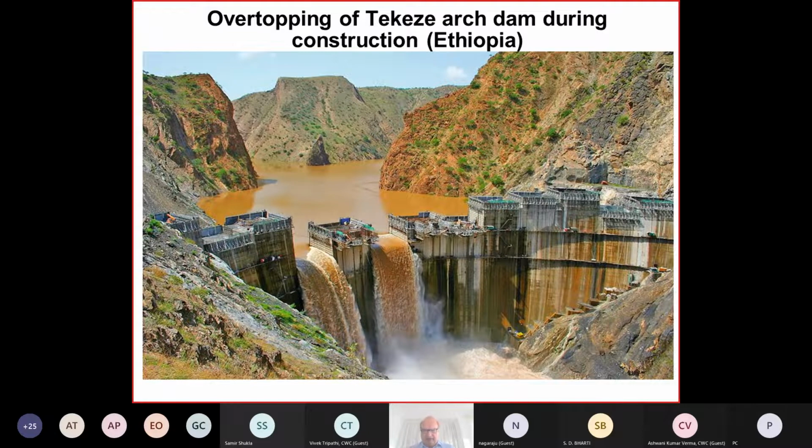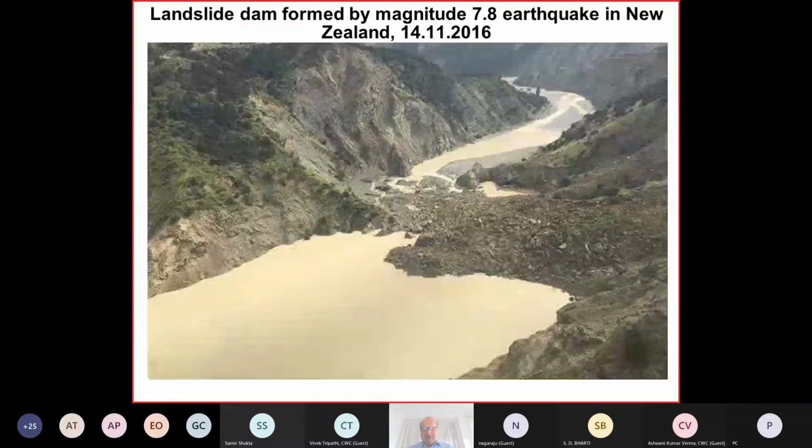And you see here, this is a tributary to the Nile River, and you can see here during construction they also left some openings at the lower level in the case of larger floods exceeding the diversion floods. So the construction site here with two blocks was overtopped, as we can see here. So the flood hazard is quite some hazard.